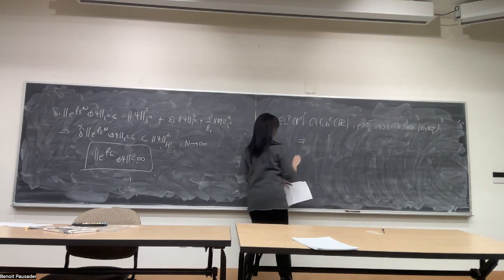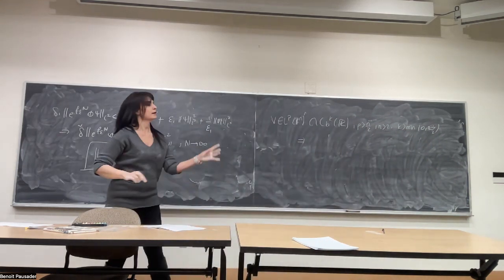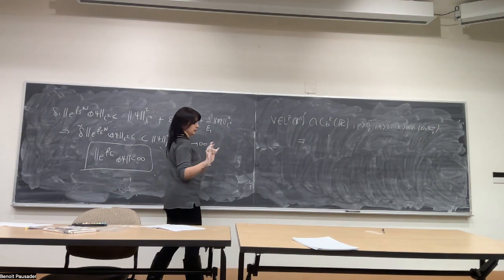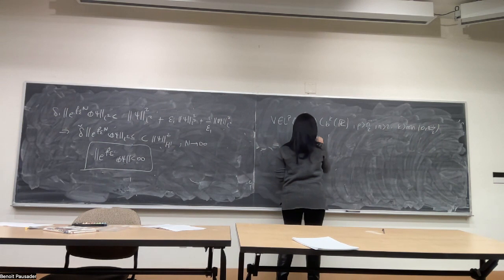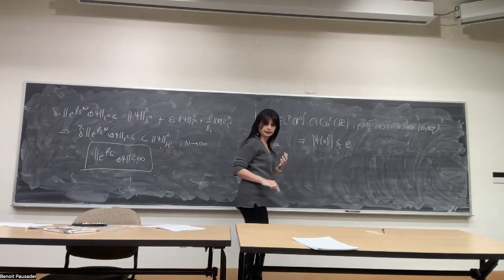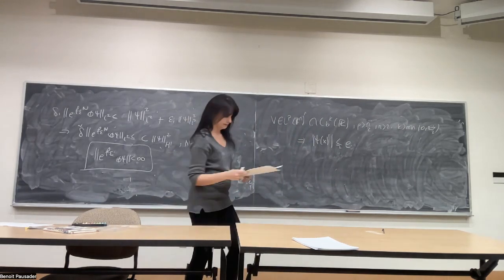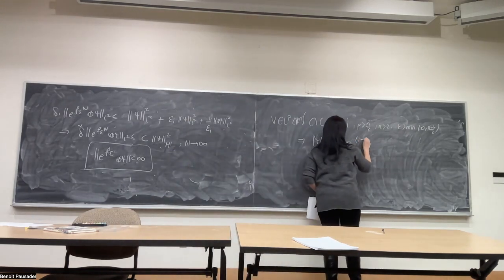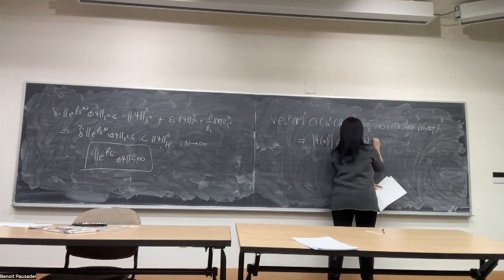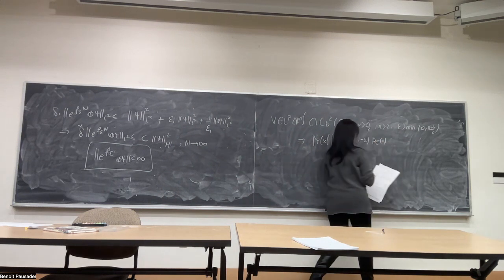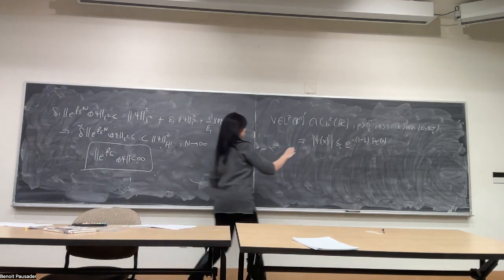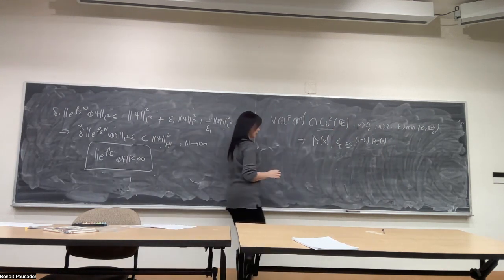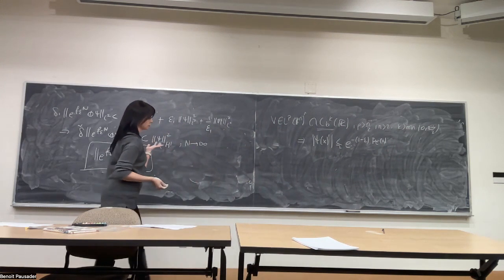Then you will have this point-wise estimate that WKB was saying on the corresponding domain. So then it says it will be less than e to the... I saw actually there are better versions of this one.